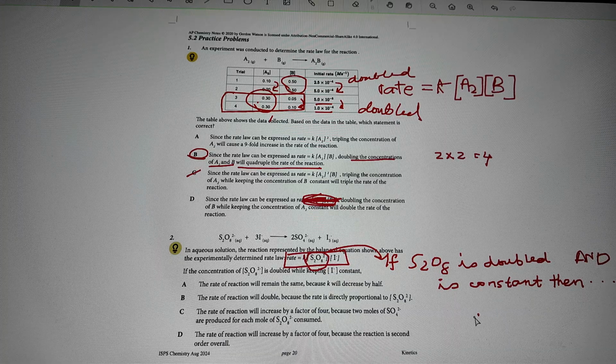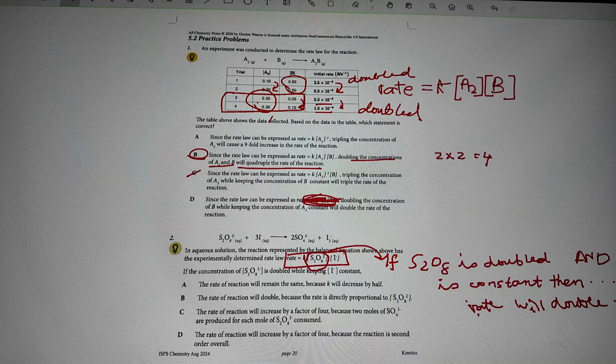So things will happen faster. Then, okay.